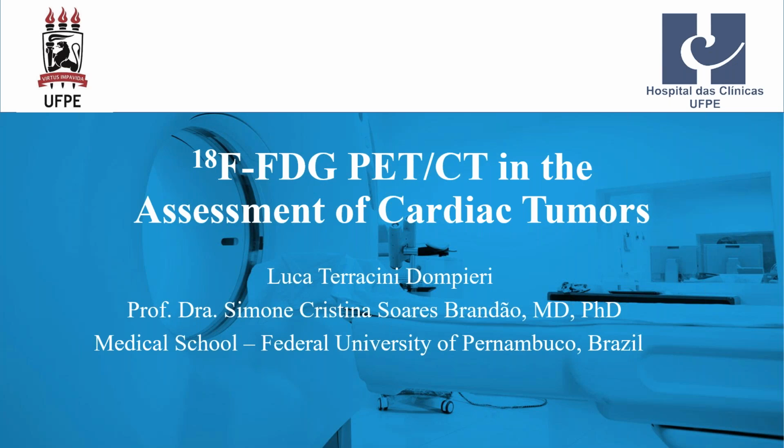Simone, returning to the case, I didn't understand very well, please. I'm sorry. Why did the fibroma in the study that you showed so beautifully have a very high uptake of FDG, confusing the diagnosis between benign and malignant tumors?